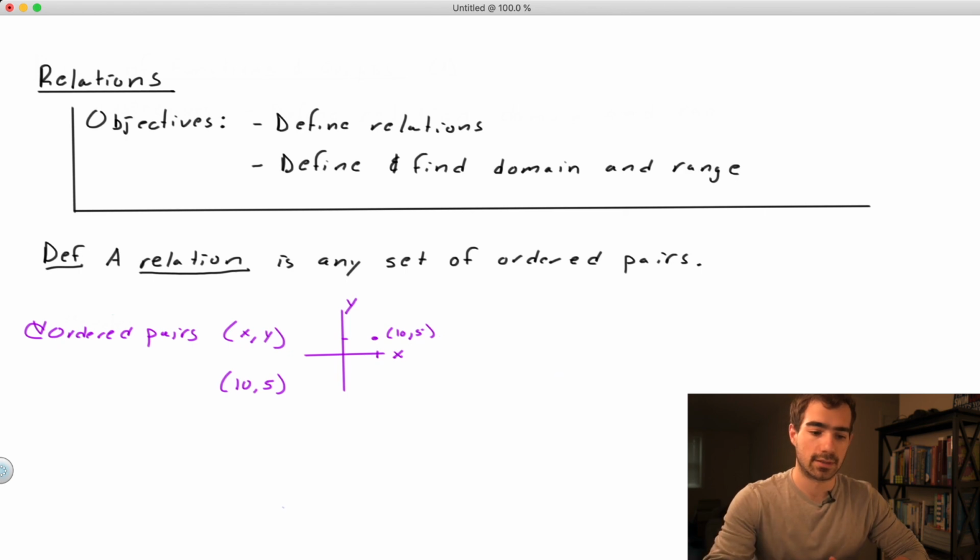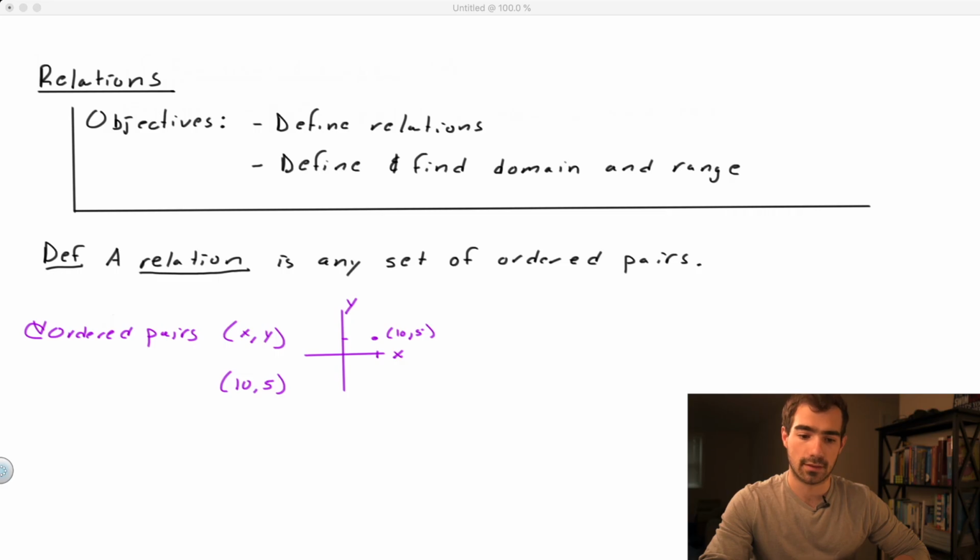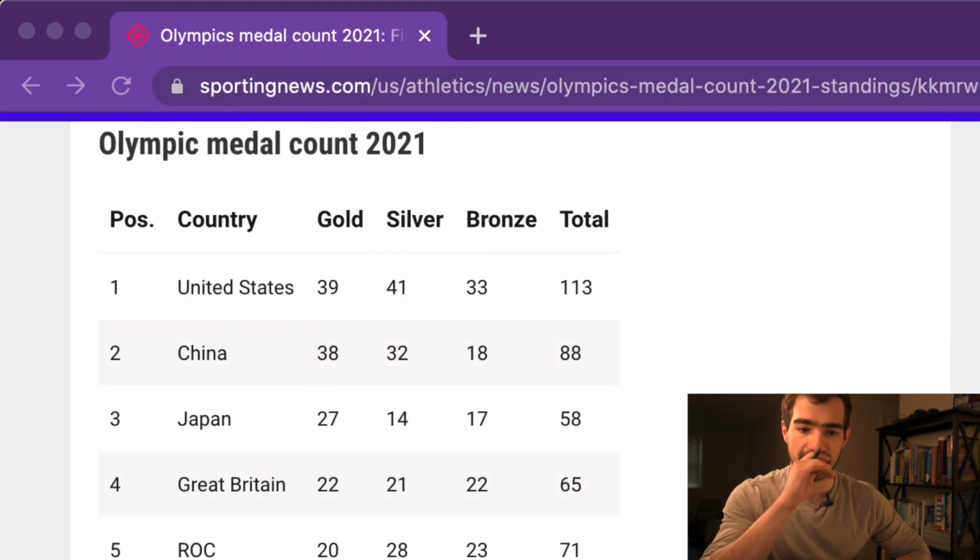So for example, the Olympics was this past summer, and you may have watched your favorite swimmers or runners or gymnasts or whatever the case may be win a bunch of medals for varying countries. I just pulled this up from sportingnews.com, and we can look at the Olympic medals per country.